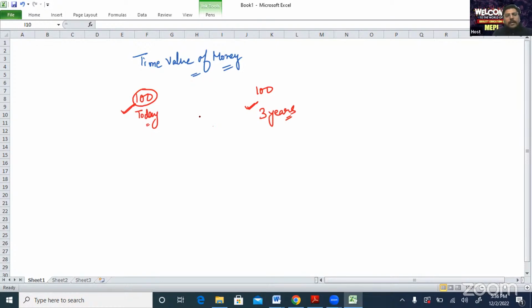So actually this 100 rupees today will be more than 100 after 3 years. So that is why I cannot say 100 rupees today is equal to 100 rupees after 3 years, because the time frame is different.